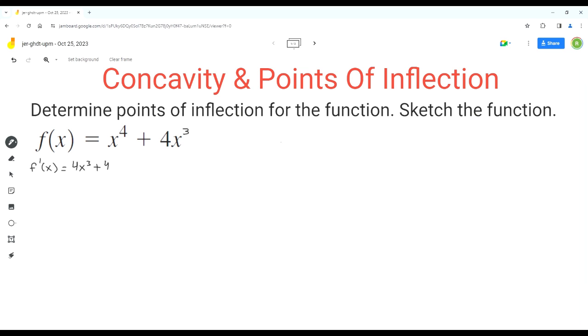And for x cubed, the derivative is 3x squared. Now we can simplify this expression. So we can multiply 4 and 3. So 4 times 3 is 12.